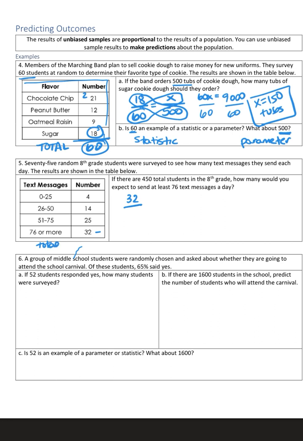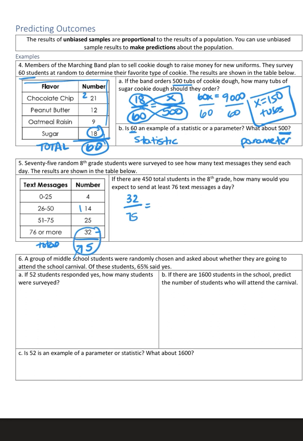Probably we should have read the whole problem. 75 random 8th grade students were surveyed to see how many text messages they send each day. The results are shown in the table below. So 7, 8, 9, 10, 11. So just to make sure our numbers add up, 3, 4, 5, 6, 7. Yep. So 32 out of 75 is the number here.